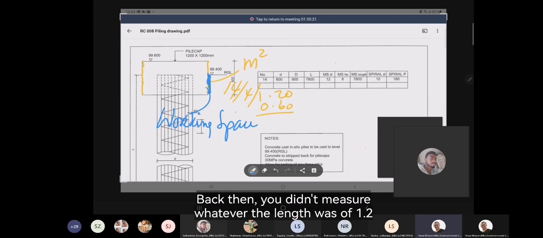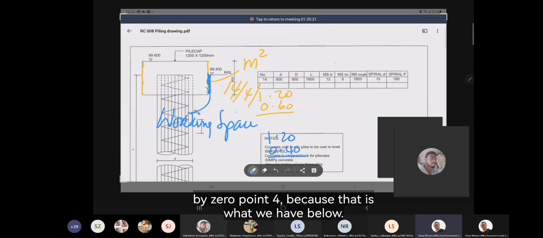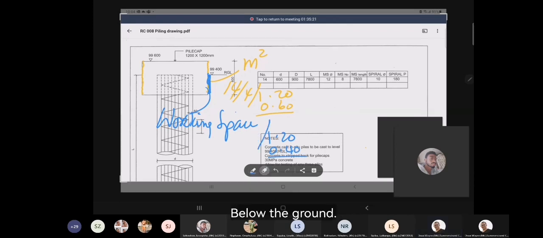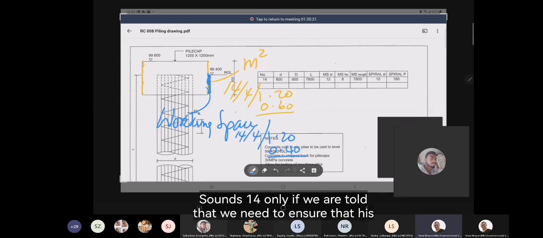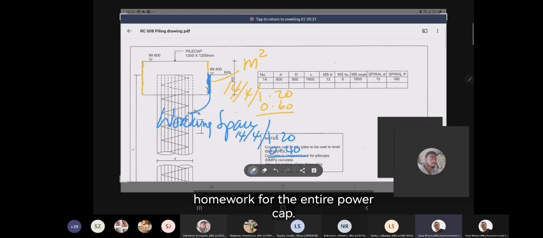That would then measure whatever the length was of 1.2 by 0.4, because that is what we have below the ground, and that will be times 4 times 14. Only if we are told that we need to ensure that there's formwork for the entire pile cap.